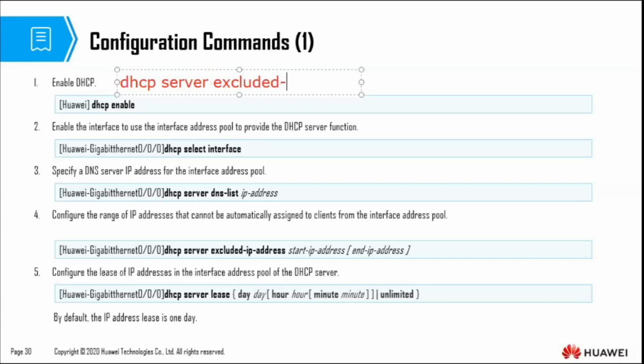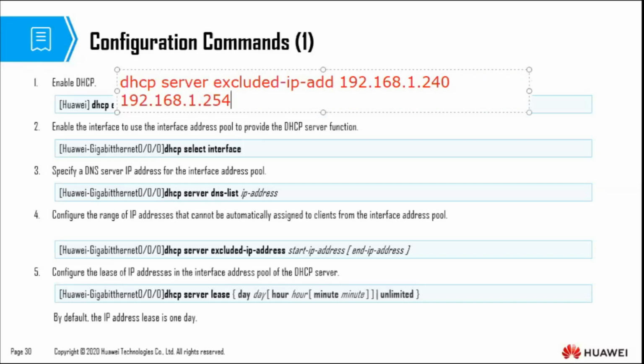I was just assuming because I think we've done this before in the lab. But as you can see from here, you can put the start IP address and the end. So for example, we don't want to give 192.168.1.240, for example, to 192.168.1.254.